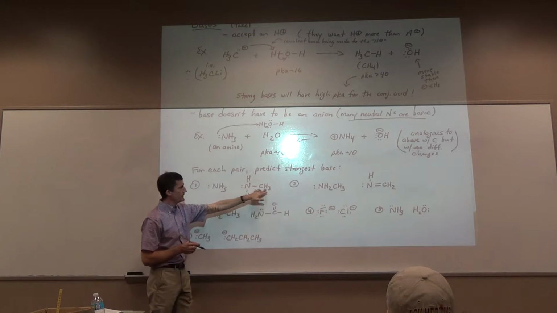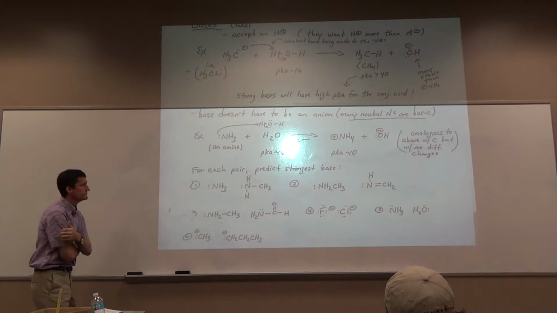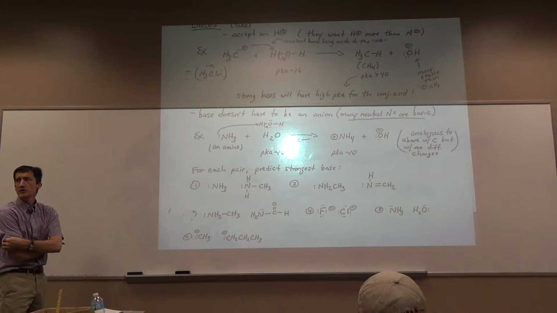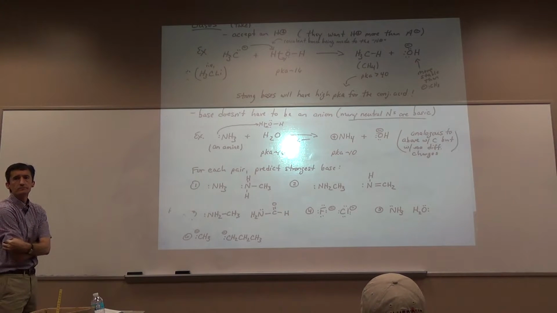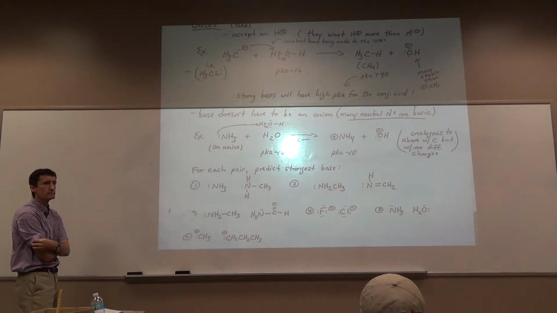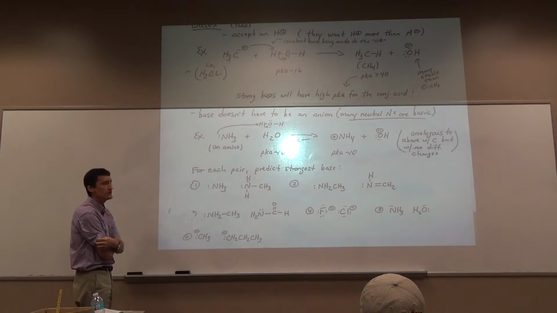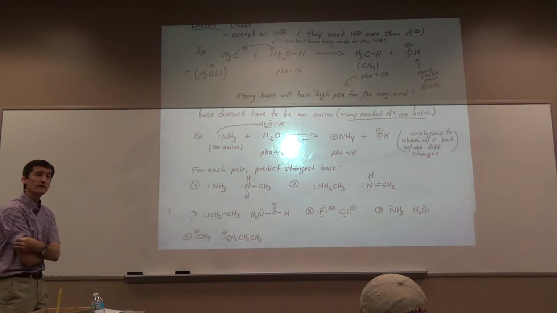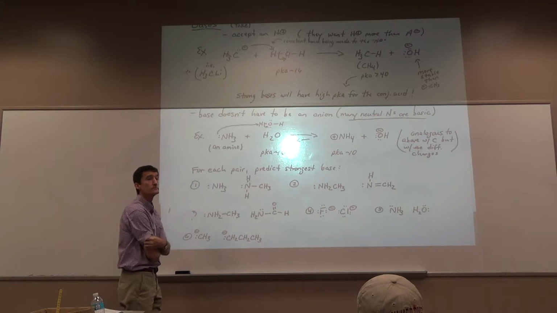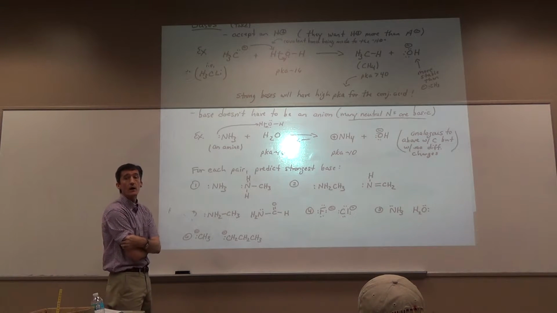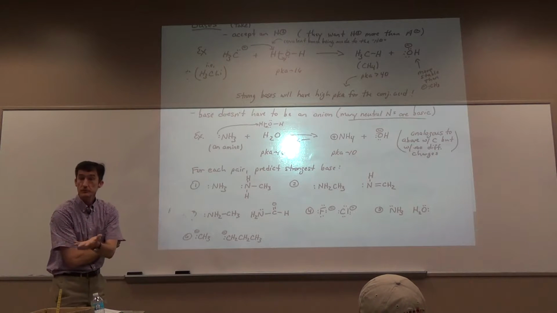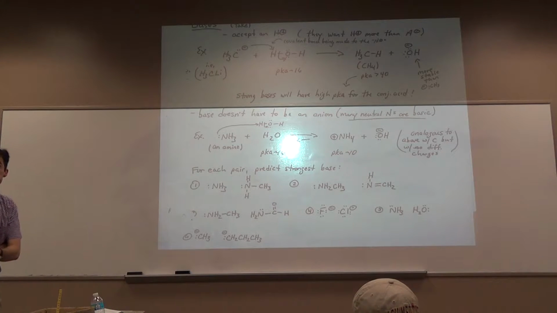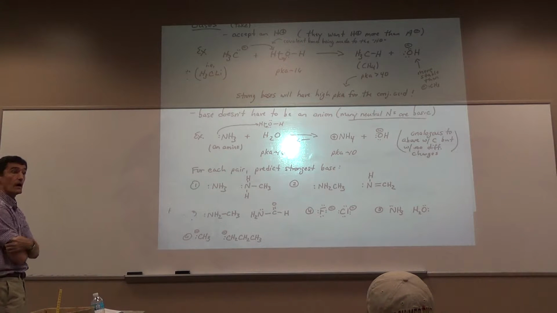So which one's a stronger base, ammonia or methylamine? And what's your argument? Obviously the difference is the methyl group. Now are we going to make the nitrogen more basic or less basic? What does a methyl do? Kind of pushes the electrons towards it.